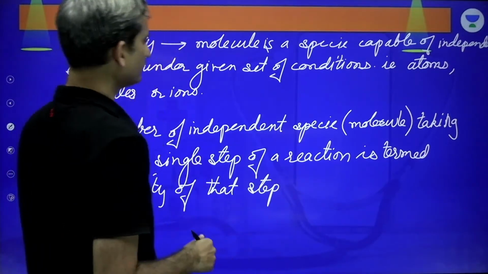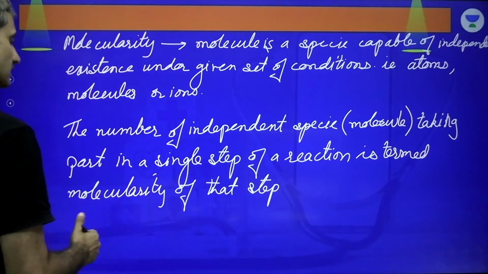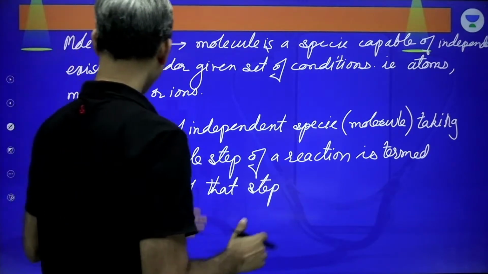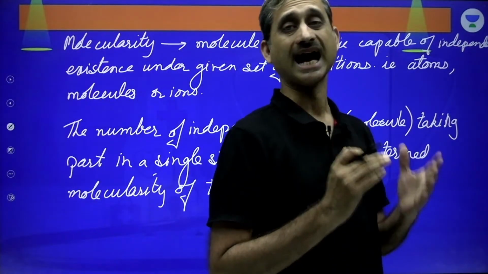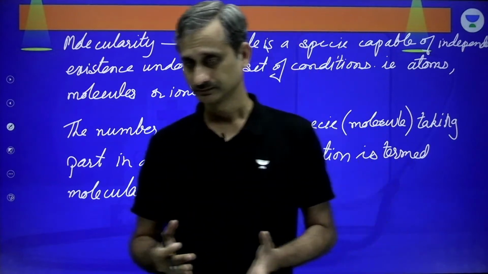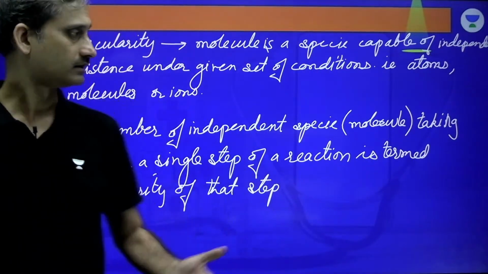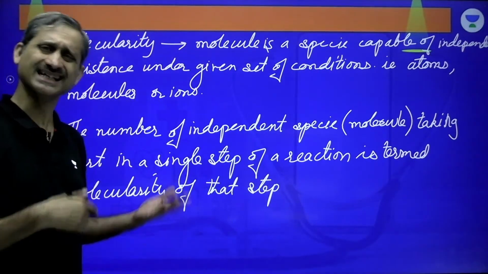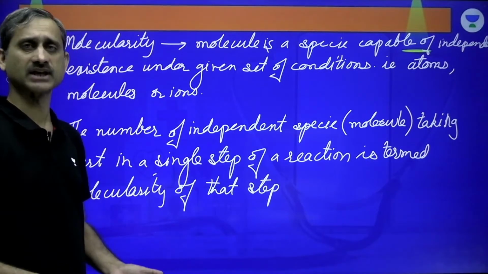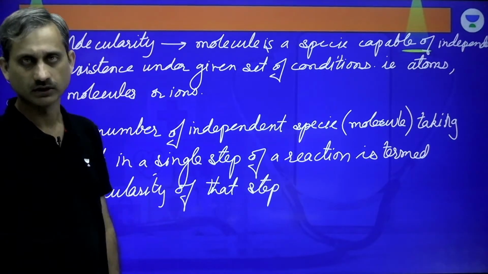Okay, the number of independent species, molecules, taking part in a single step of a reaction is termed the molecularity of that step. And obviously, if we have only a single step reaction, it becomes the molecularity of the reaction.